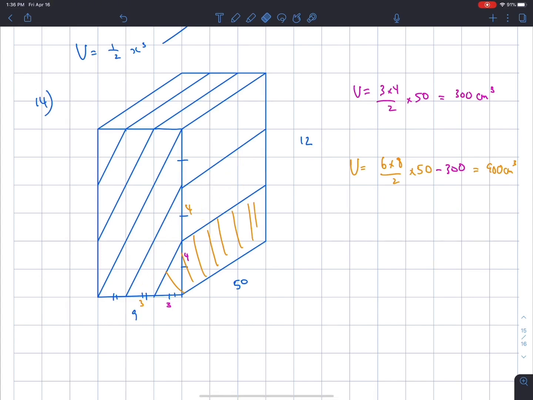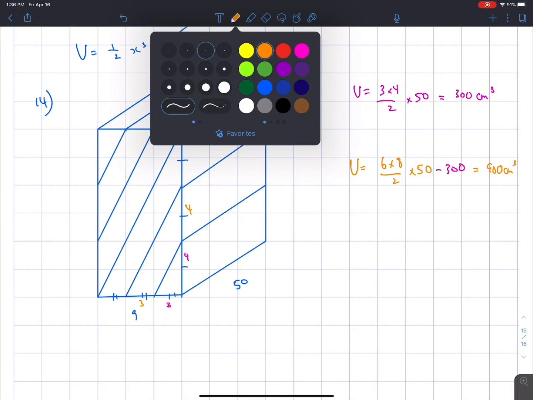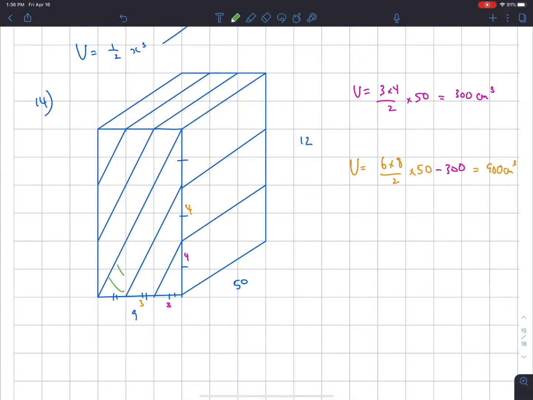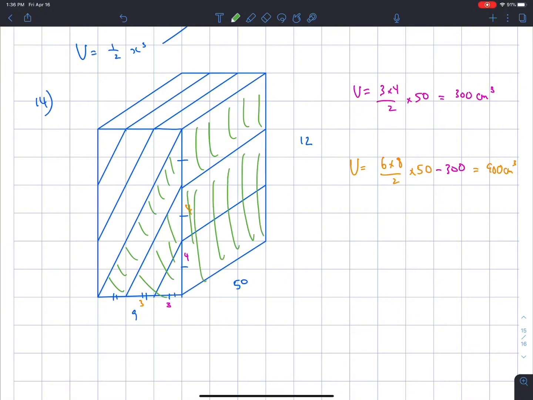And then the last piece, the biggest piece, is going to be the same. It would be this piece right here, and that piece, they are exactly the same. So to calculate them, I need to calculate the entire volume here and then subtract the pink piece and subtract the orange piece.